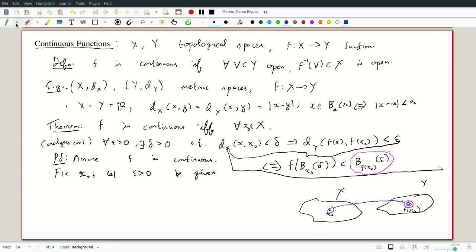Okay, so by the continuity, we look at f inverse of the ball around f of x0, of y, not y. Y is f of x0, but let's write it of radius epsilon.